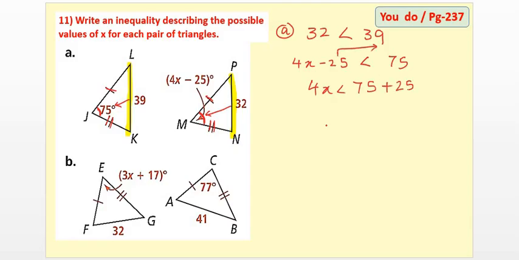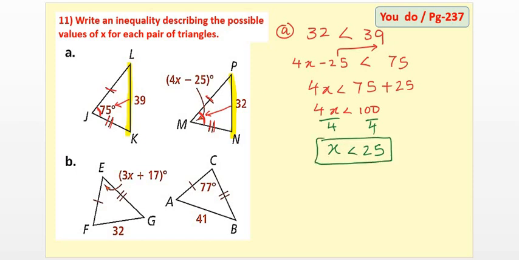I'm talking about this 25, right? So we will have 4x less than 100. Now divide each side by 4, and it will give us x is less than 25. This shows that the possible value of x has to be less than 25.